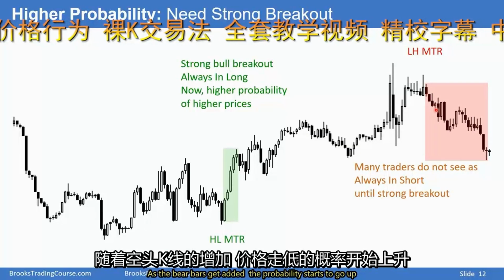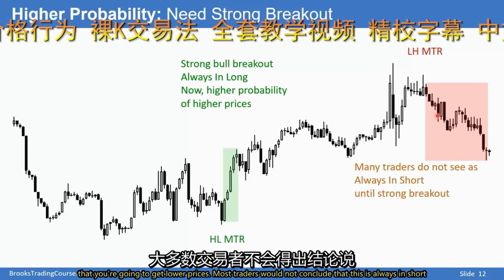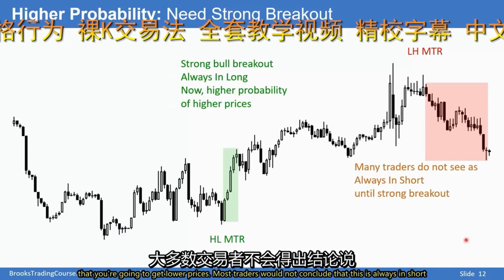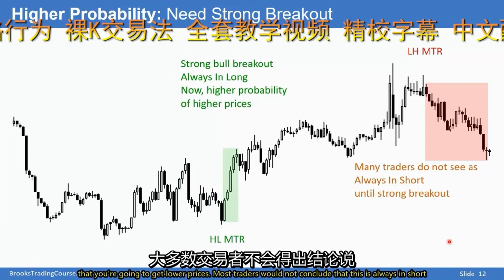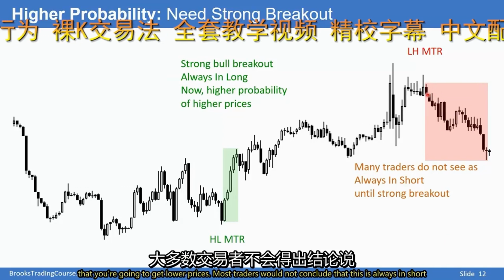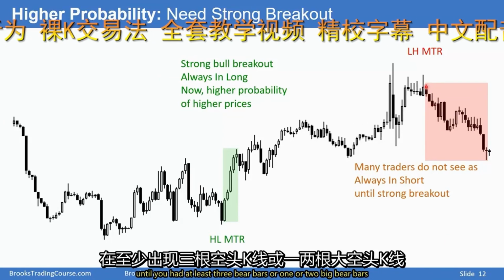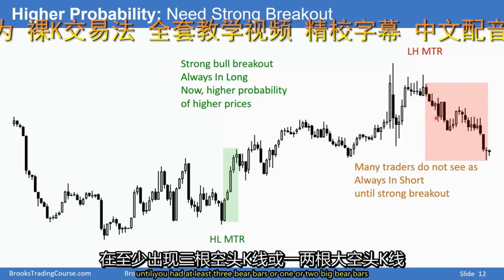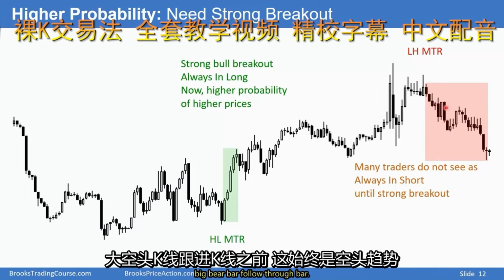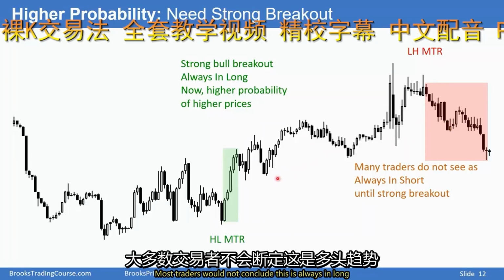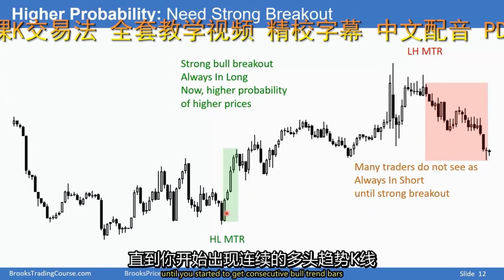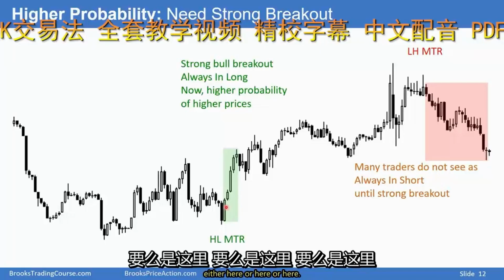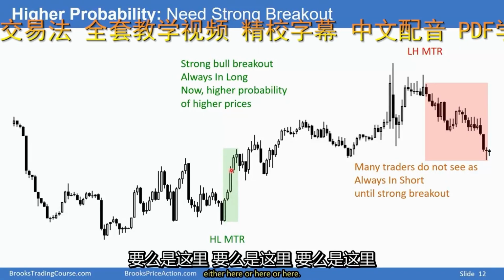As the bear bars get added, the probability starts to go up that you're going to get lower prices. Most traders would not conclude that this is always in short until you had at least 3 bear bars or 1 or 2 big bear bars. Big bear bar, follow through bar. Most traders would not conclude this is always in long until you started to get consecutive bull trend bars, either here or here or here.